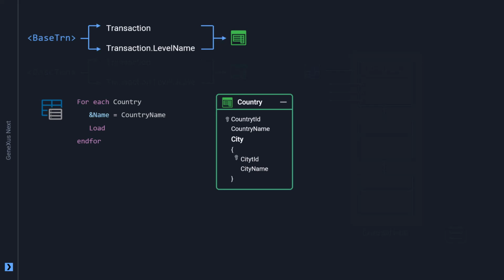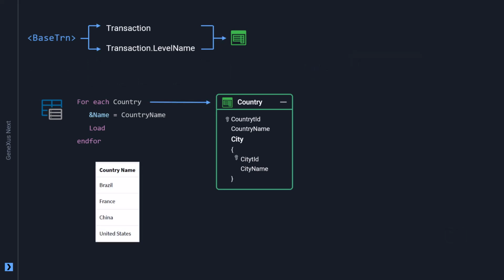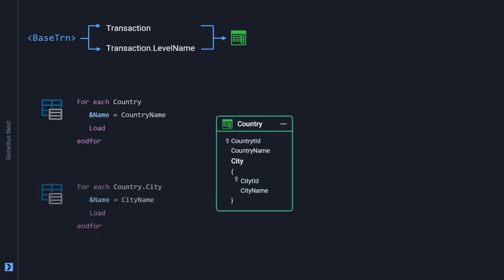Here we can see a for each with base transaction country, which will list the names of countries in a grid. The fact that the base transaction is country means that the base table which is run through will be country. In this case, its extended table is itself. And here we have the for each with the base transaction country, city.